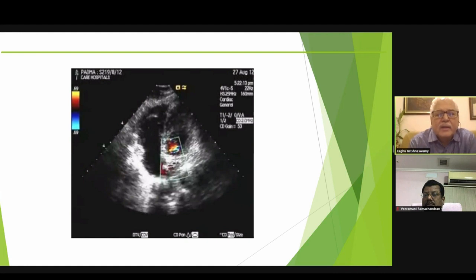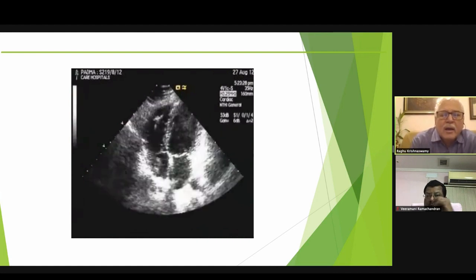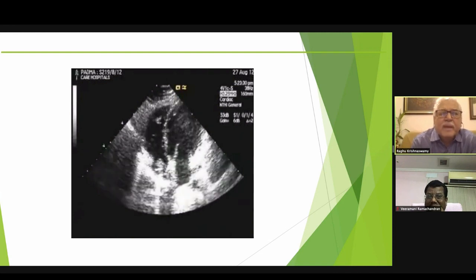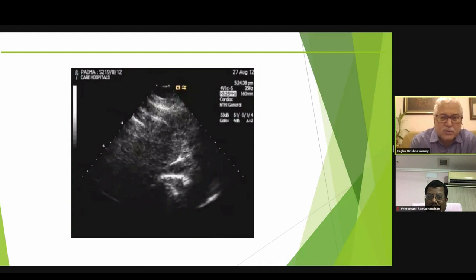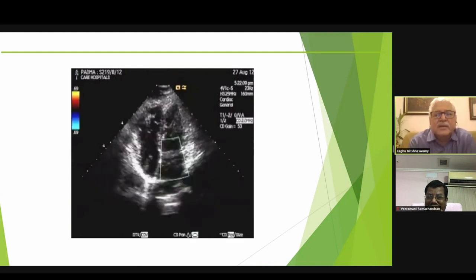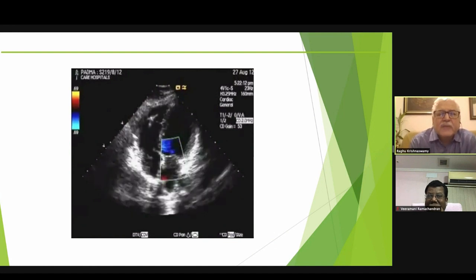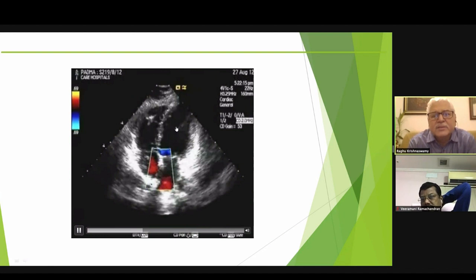You see again a lobulated mass with some central clearing, and this mass seems to be attached very close to the SVC. It's not very clear from the TTE where exactly the attachment is. But as you can see again here, there is no evidence of right ventricular dilatation.